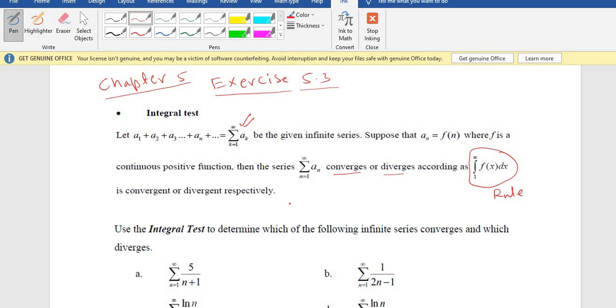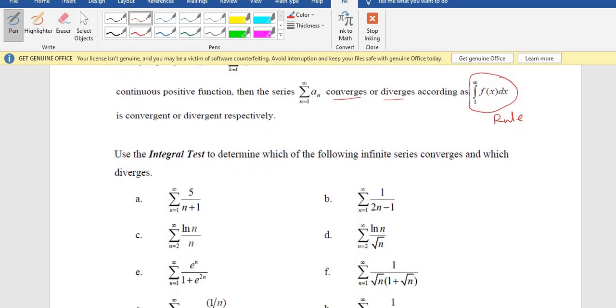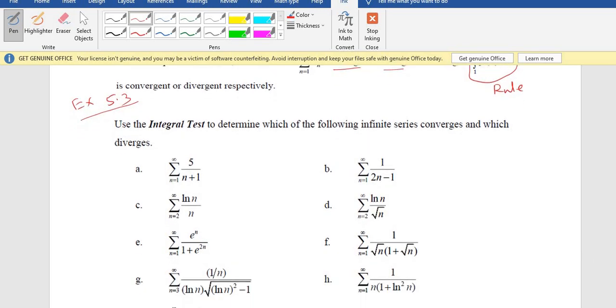How can we implement it? So I'm picking these examples from exercise 5.3. Now I'm going to tell you how to check question number A part.